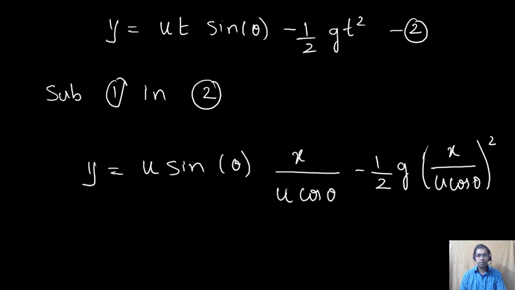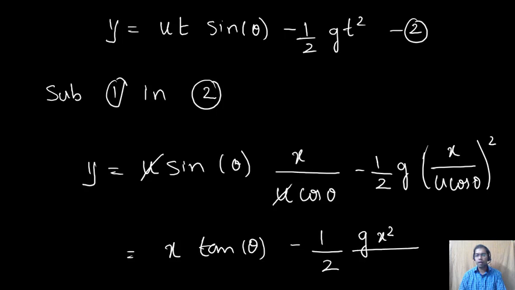Now here, u gets cancelled and sin theta by cos theta is tan theta. So this is equal to x tan of the angle theta minus half g x square by u square cos square theta.